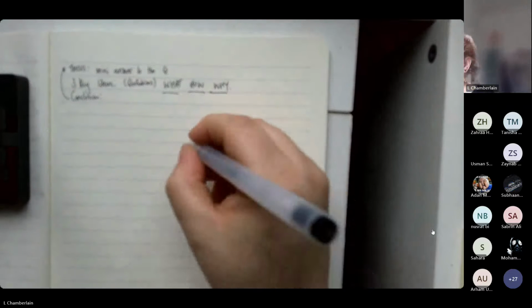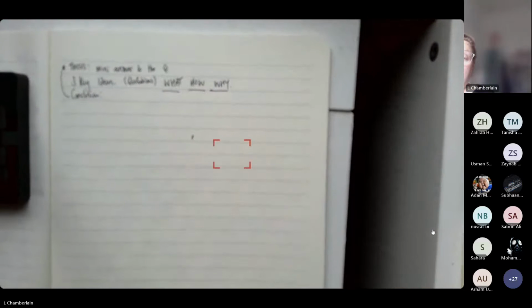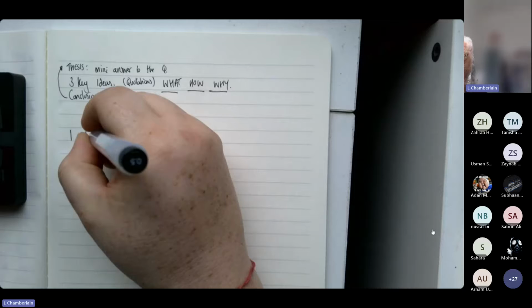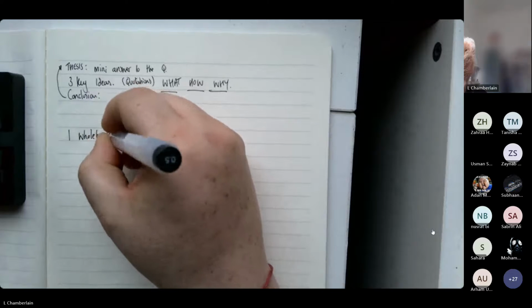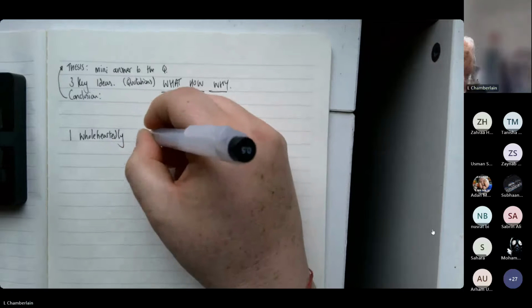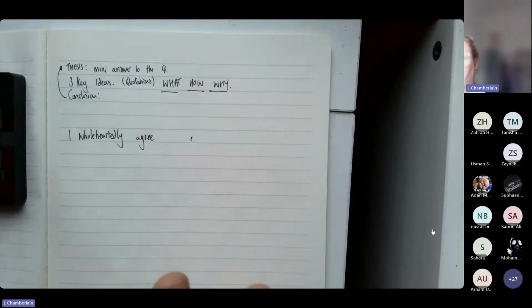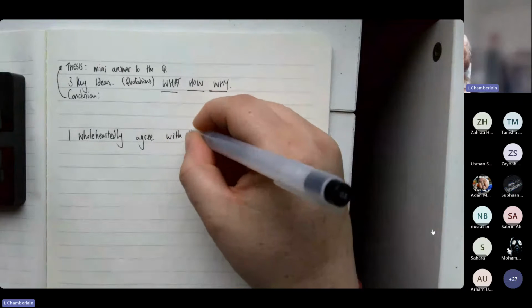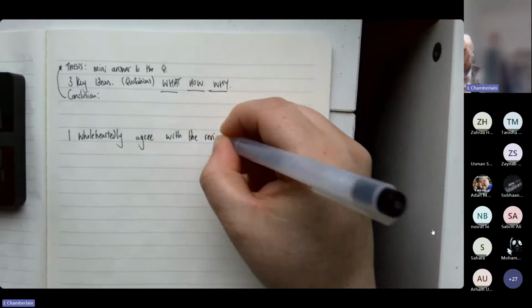So if we were thinking about this in terms of writing our thesis statement, we want to be as clear as we possibly can, unlike my visualizer right now. There we go. Okay, so we're going to start by saying I wholeheartedly agree. Now remember, we can completely agree, we can completely disagree, we can partially agree, but we don't have to balance it. So I wholeheartedly agree with the reviewer, because that's what it says in this extract.